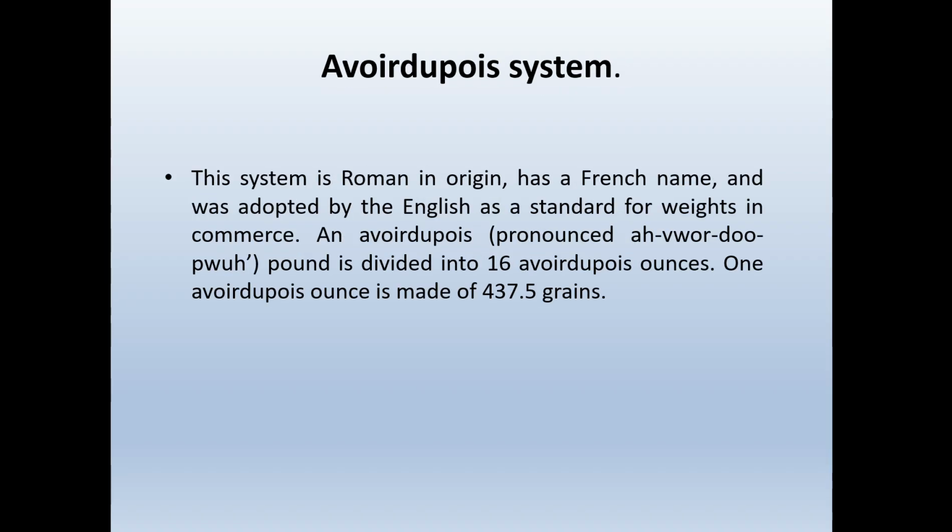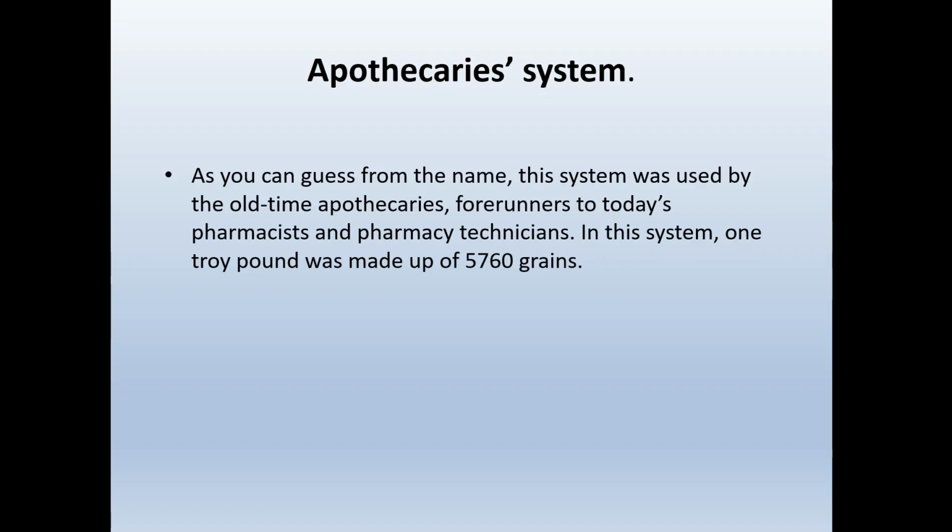The apothecary system was used by the very old pharmacists. They were referred to as the apothecaries. And their system of measurement then was the apothecary system, right? We said that 1 pound in the apothecary system, 1 troy pound, was made up of 5,760 grains.